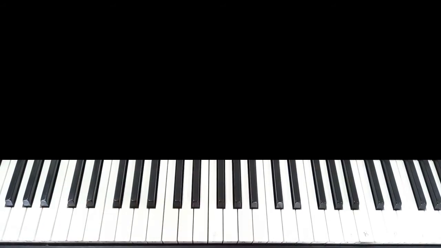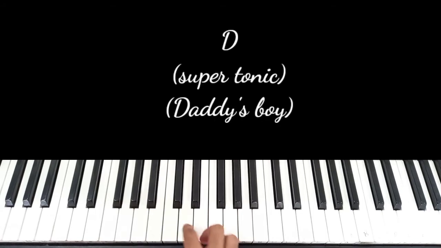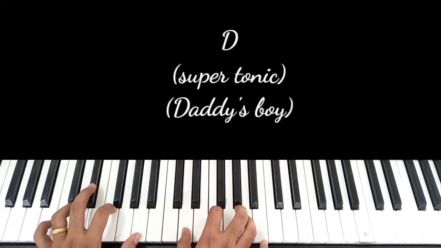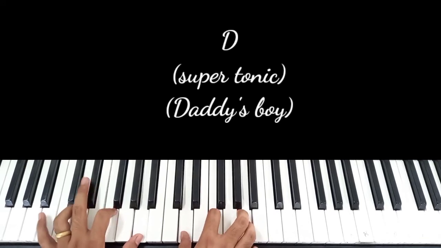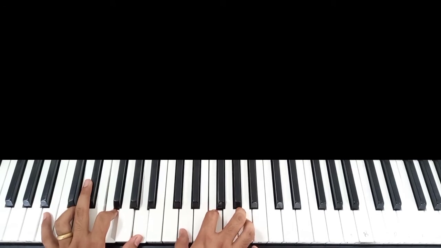Talk about the 2nd note, that is D. It's also called Supertonic. We will allot this note as a child in the family, a daddy's boy, and it also serves as the root note of the minor chord.